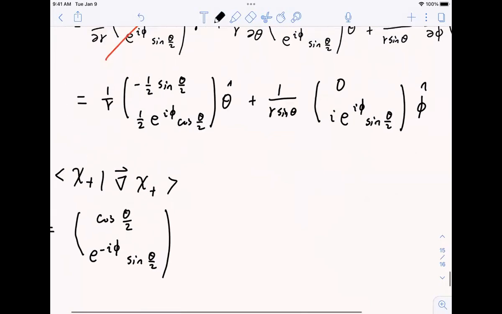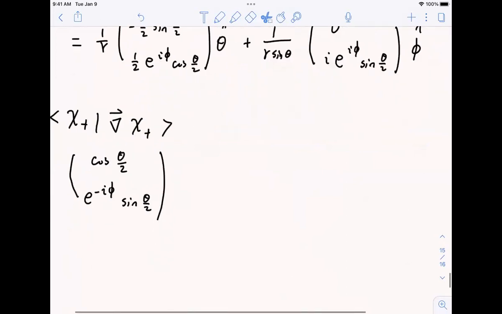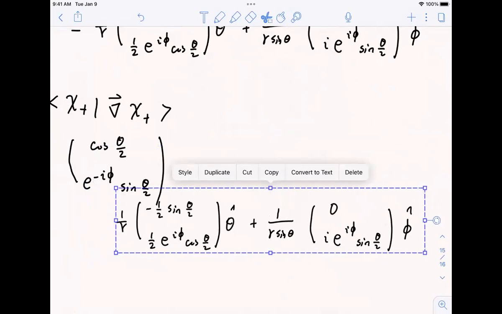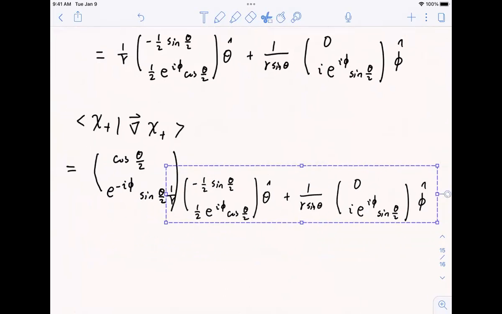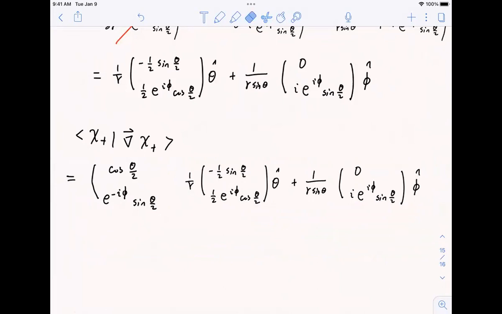Okay, and then you just dot this whole thing.